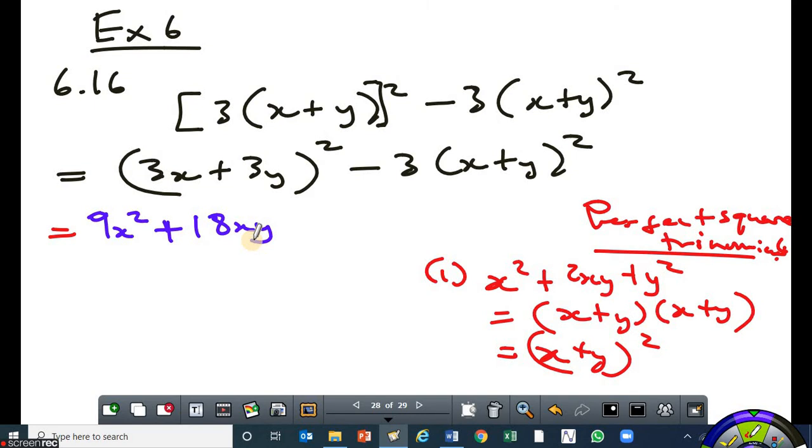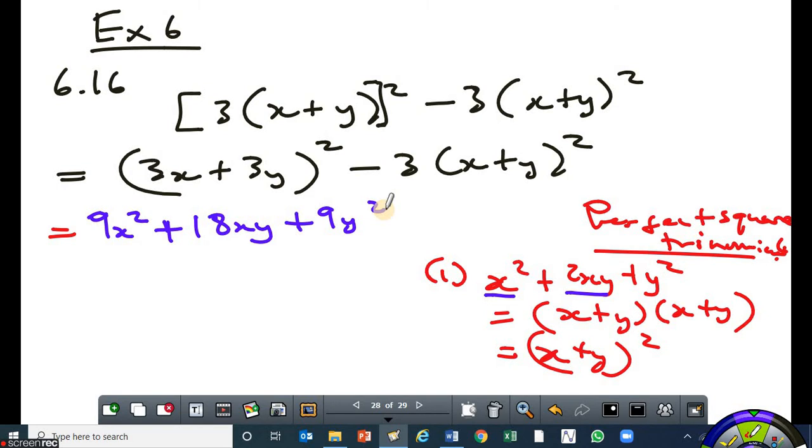Are you following? Don't look down. You must look here. Okay, then, so I'm done with the first part. The last term is so simple. Just square the second term in the binomial. Okay, so you get plus 9y squared.